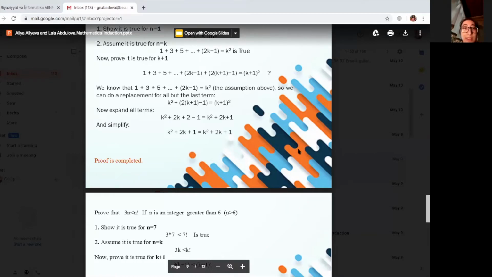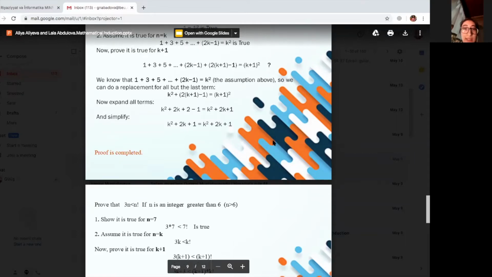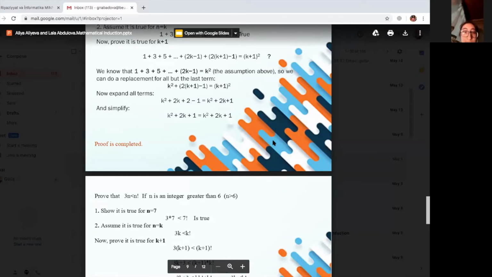And we saw above that 1 plus 3 plus 5 up to 2 times k minus 1 equals k squared. We write this in the second equation, and we get k squared plus 2 times k plus 1 equal to k squared plus 2 times k plus 1, and this equation is true and the proof is complete.